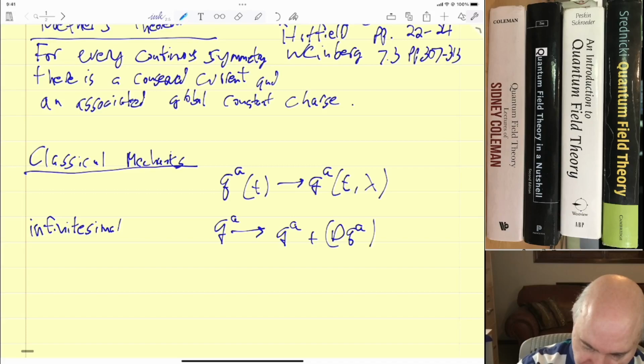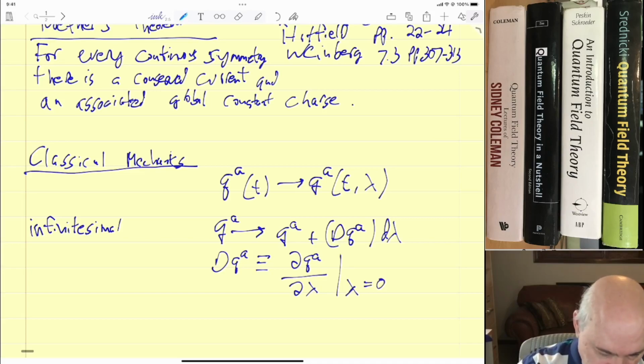Coleman has his own idiosyncratic notation in this lecture, but it should be easy for you to follow, and it's not standard by any means. So this is sort of like an infinitesimal transformation because we're using d lambda. And then we define from this, delta q_A is just defined as the partial of q_A from above with respect to lambda, evaluated at lambda equals 0. This is just to keep our notation straight.